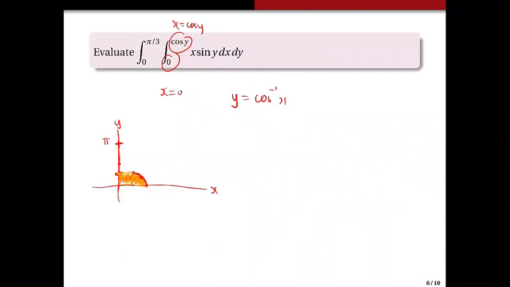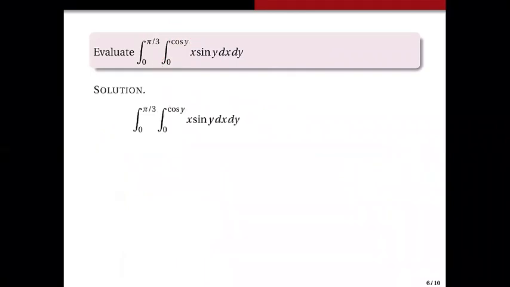So if we have that, let us do the integration. Observe that if we do the integration with respect to x, you have only x here. Sine y is constant. So we can easily integrate this with respect to x.